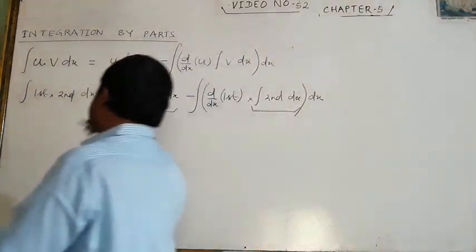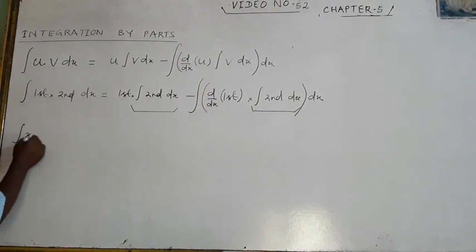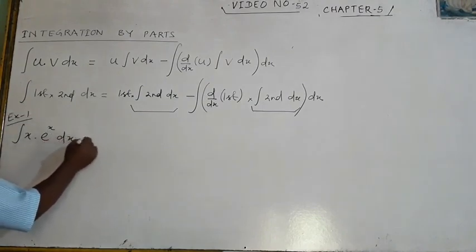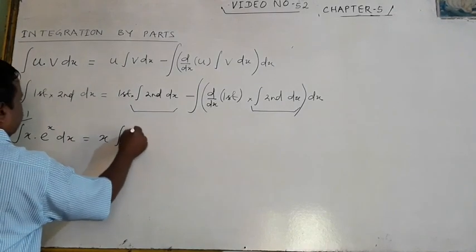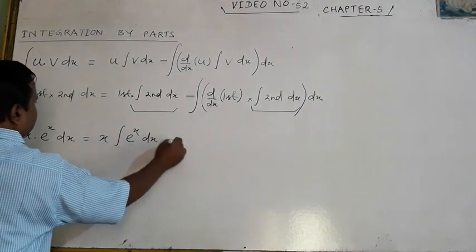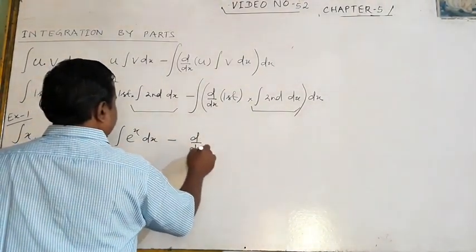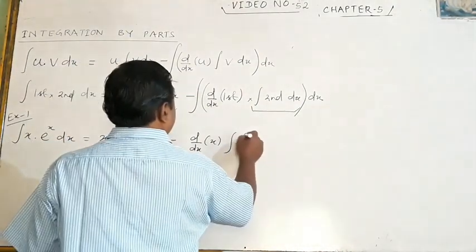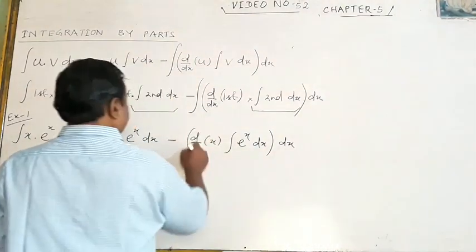Suppose I am giving you one example. Very interesting: x into e to the power x dx. Tell me what will happen. First, x integration of e to the power x dx minus derivative of first, d by dx of first, into integration of second, e to the power x dx.